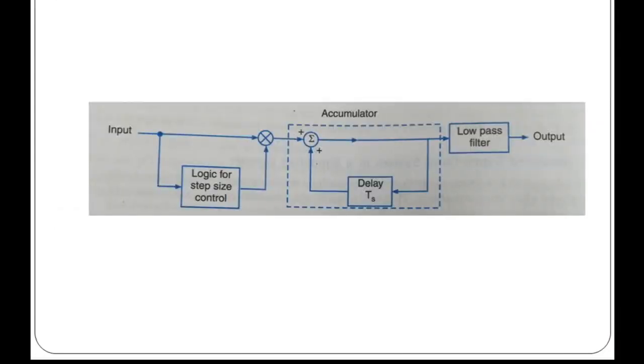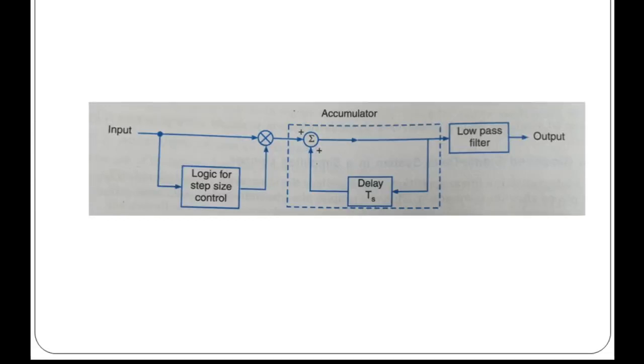In the receiver part, there are two portions. The first portion produces the step size for each incoming bit. This is the first portion and this is the second portion. Exactly the same process is followed as in the transmitter.